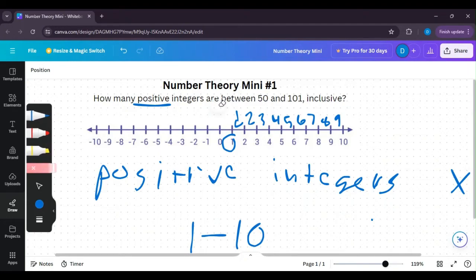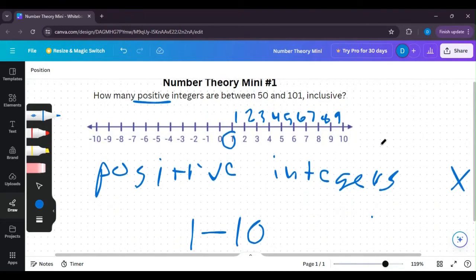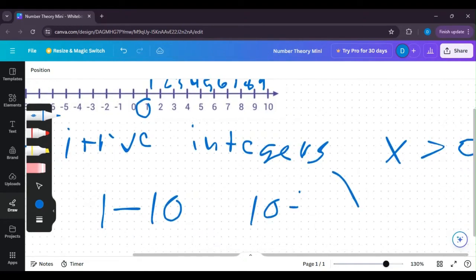If there are 9 gaps, that's just the difference between 10 and 1. 10 minus 1 is 9, and that's the number of gaps.